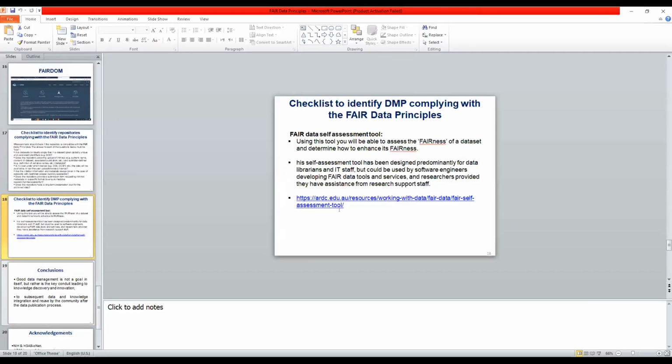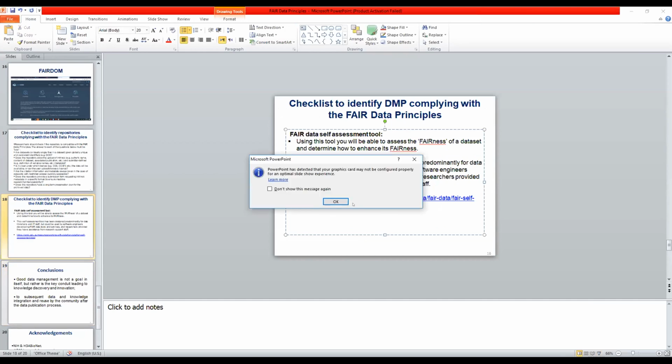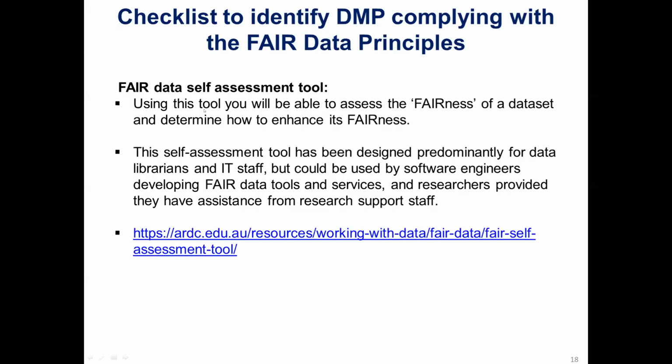Using this tool, you will be able to assess the fairness of a data set, even your data management plan. Sorry, Faisal, can you put it in slideshow mode? Okay, thanks. So this is the FAIR self-assessment tool.